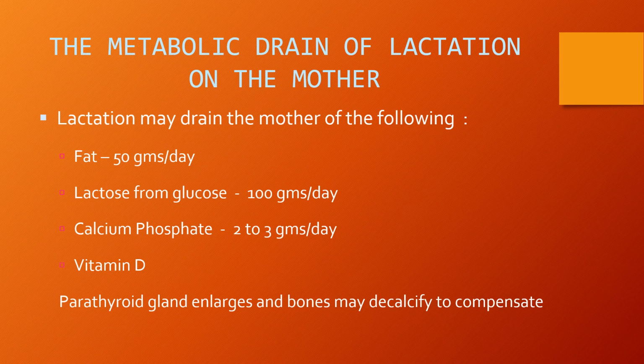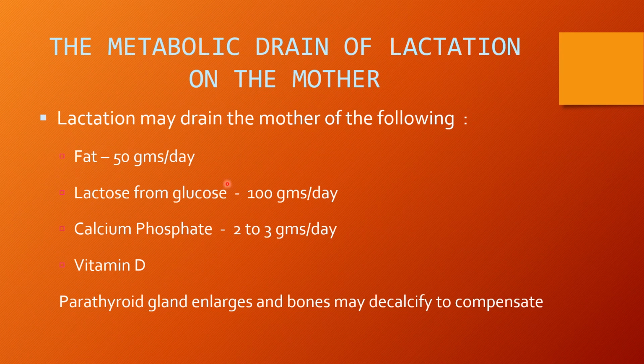And the production of calcium phosphate for the milk would be around 2 to 3 grams per day, and also vitamin D. The parathyroid gland enlarges and the bones may decalcify to compensate. So all of this should be present in the milk.